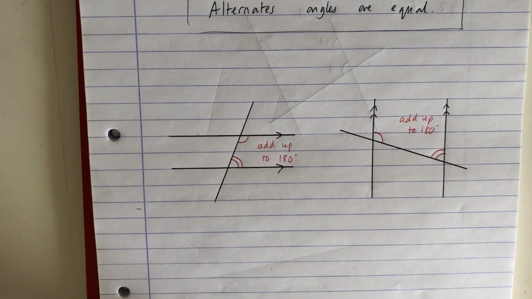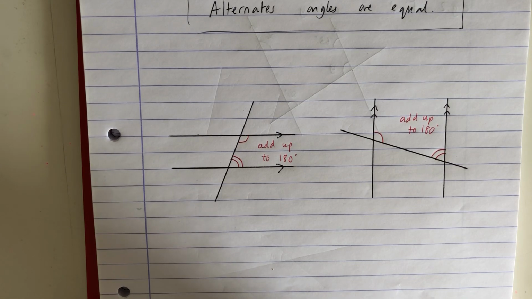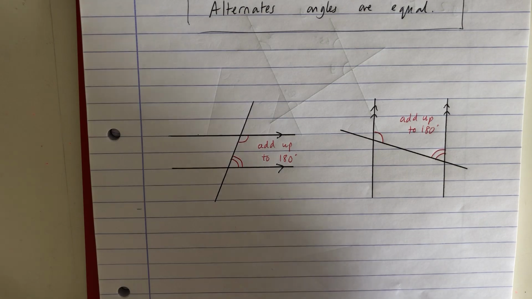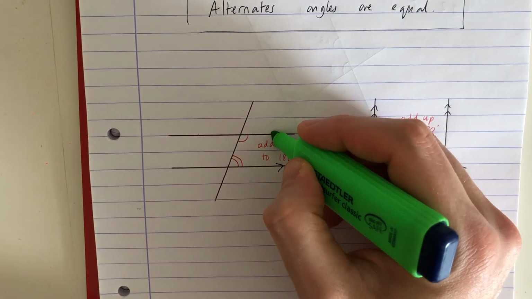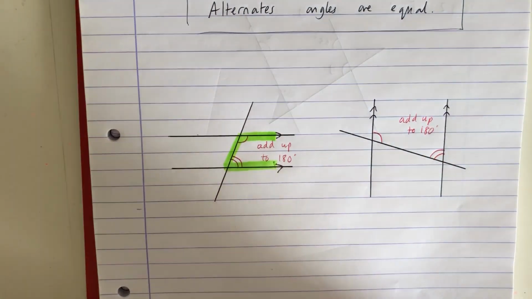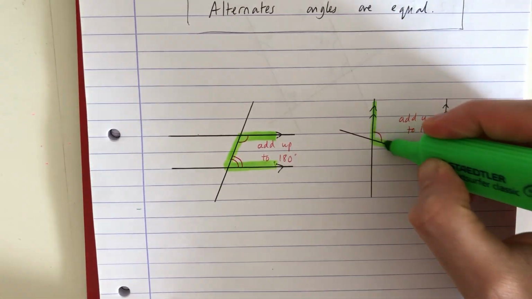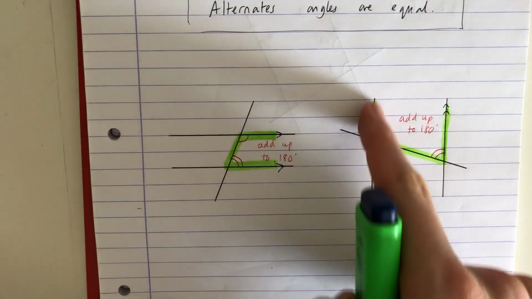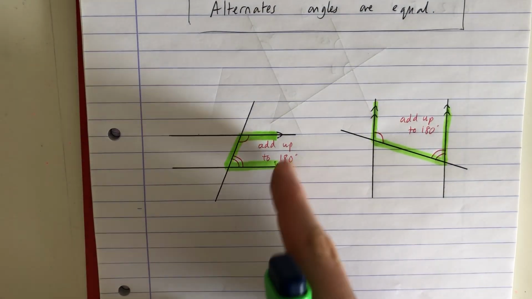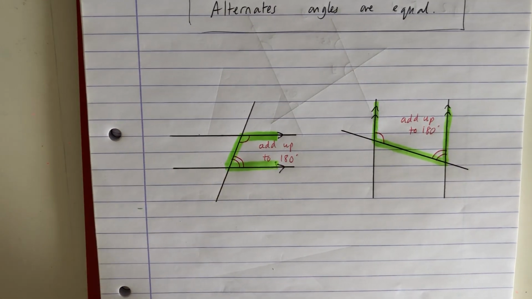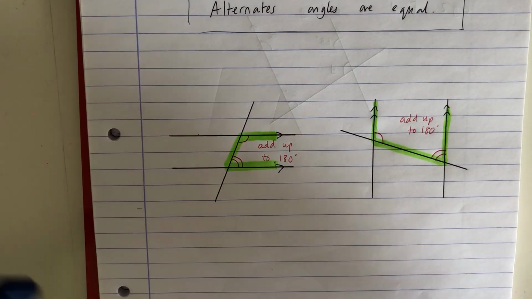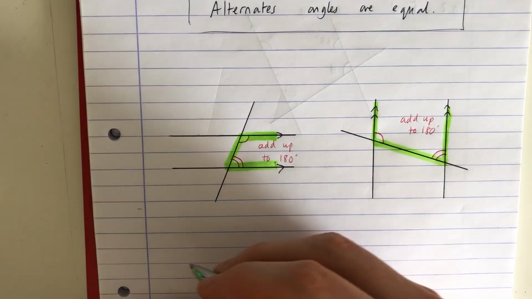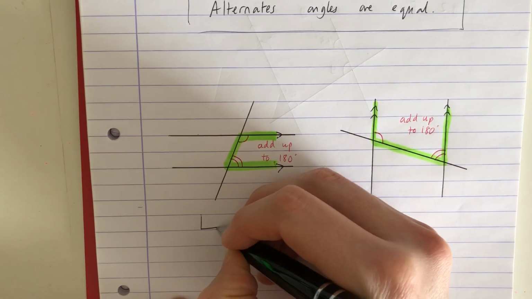Now, let's see what shape this is producing. It won't be an F, because that's corresponding. It won't be a Z or an N, because that's alternate. But this, I think that looks like the letter U, and that's like a sideways U. Okay, so call these U angles.